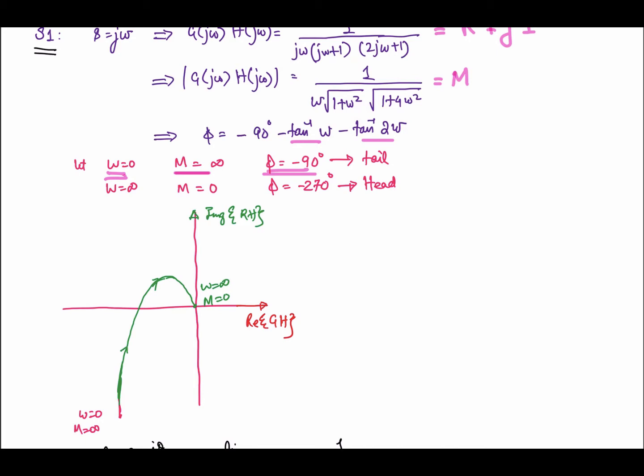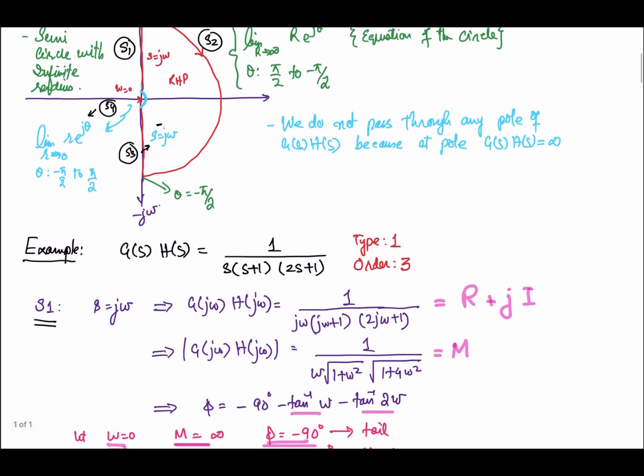At omega equal to 0, the angle is minus 90 degrees, right? And when omega is approaching infinity, the angle is going to become minus 270 degrees. So this is the polar plot when the frequency is varied from 0 to infinity. That is basically this part of the contour.